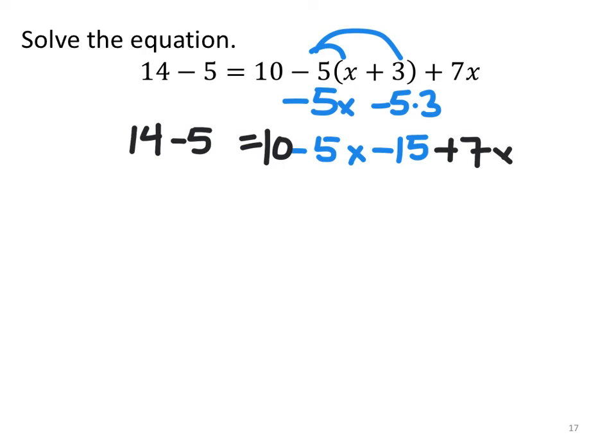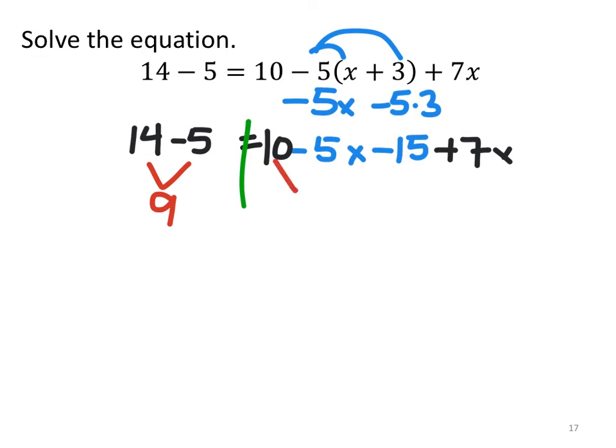So now I would look on either side of the equal sign and see, because I've done the distribution, if there are any like terms that can be combined. Sure enough, on the left, I got this 14 minus 5, which would combine into a 9. And on the right side of the equal sign, there are 2 sets that I can combine, right?